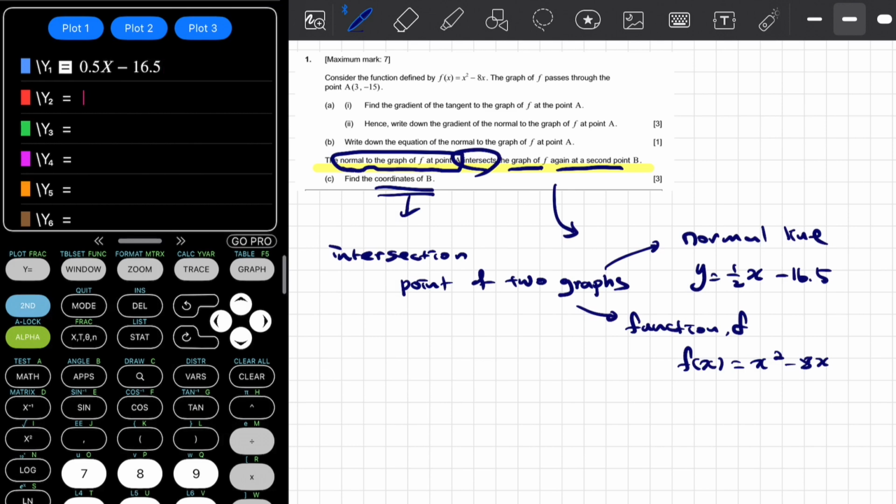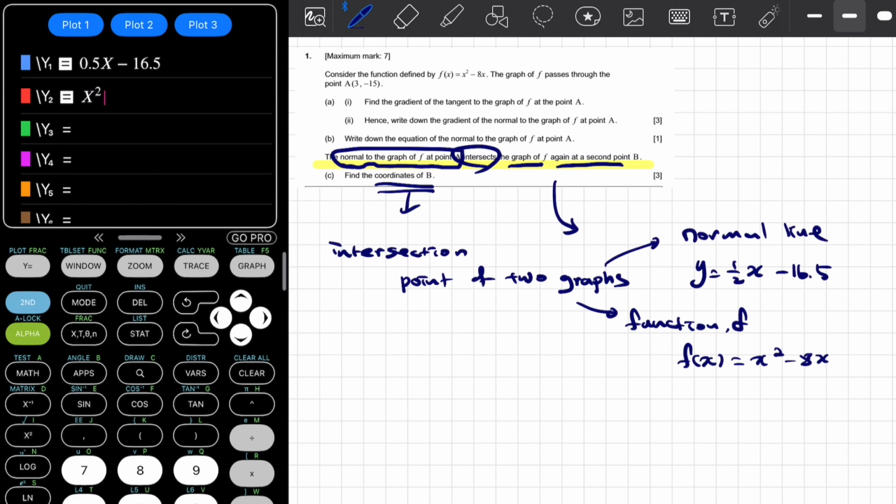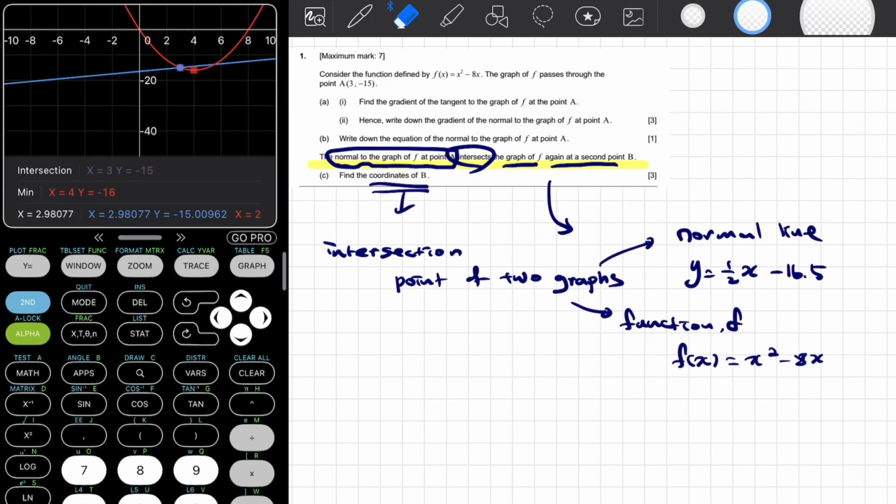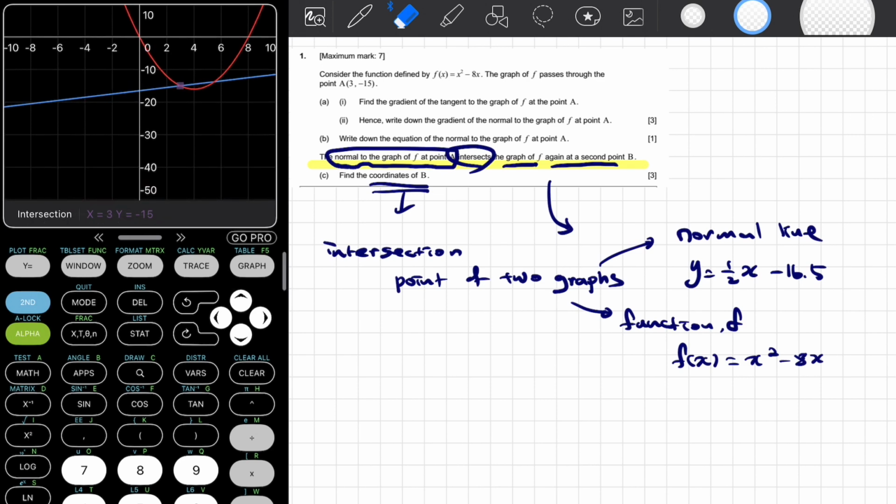And for my second equation, I'm going to go x squared minus 8x. And I'm going to graph it. Okay, so let's try to find the intersection point. So my first intersection point is right here.